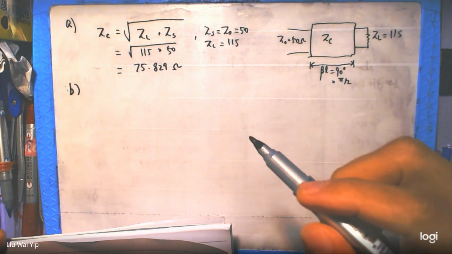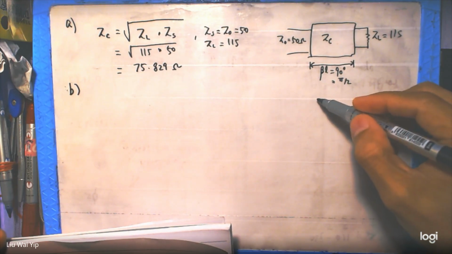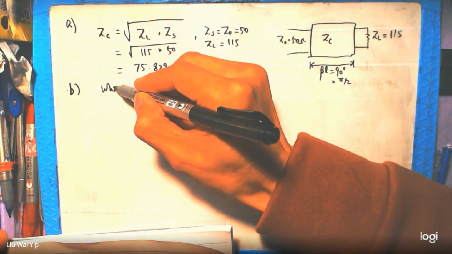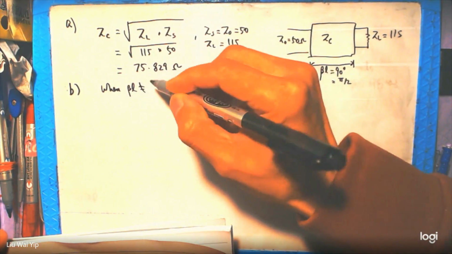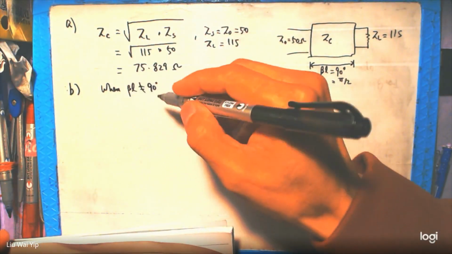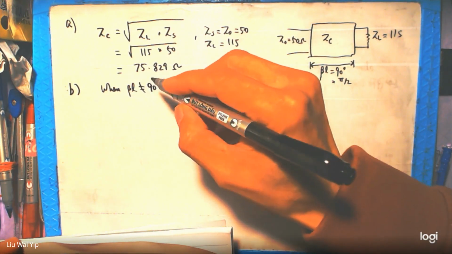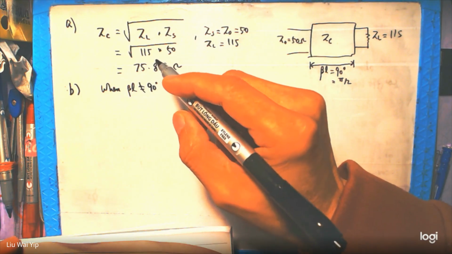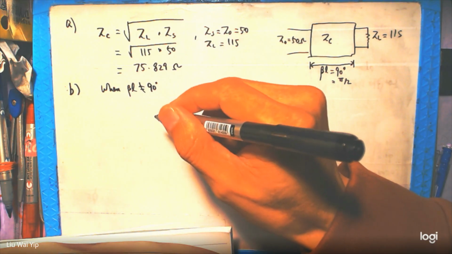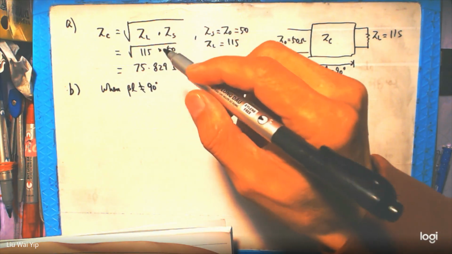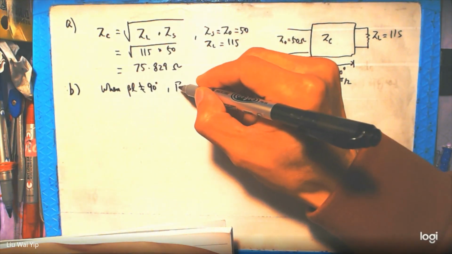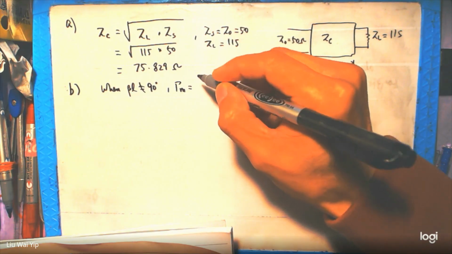In my lectures, you probably know that when beta L is not equal to 90 degrees, but just close, then we can use the minimum requirement of the reflection coefficient.